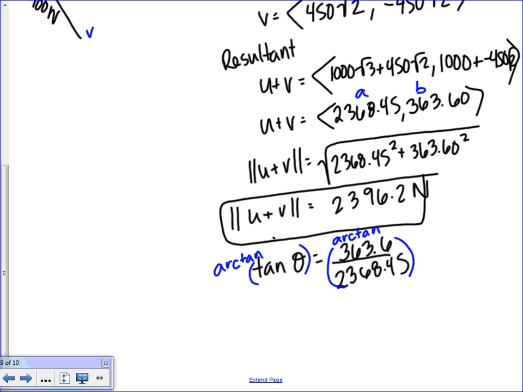And I think I get something like 8.7. It's a small angle. Yeah, 8.73 is what I get when I type that in. Okay, so my direction angle for my resultant is an 8.73 degree angle. So again, kind of making sense of all the little parts about vectors that we've talked about so far.